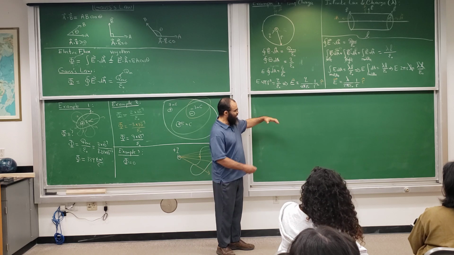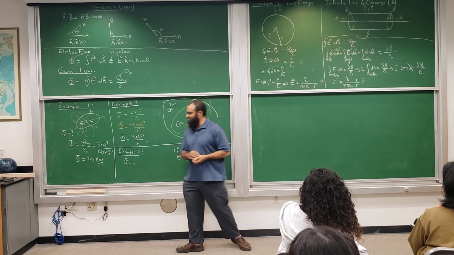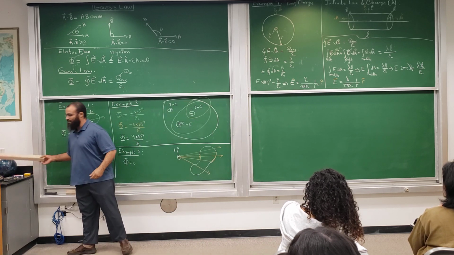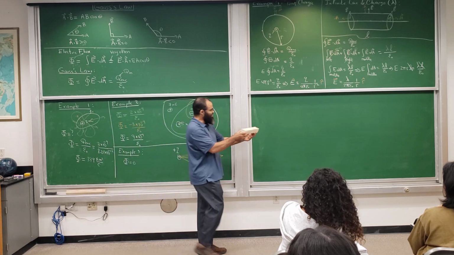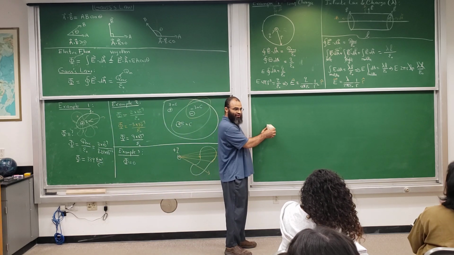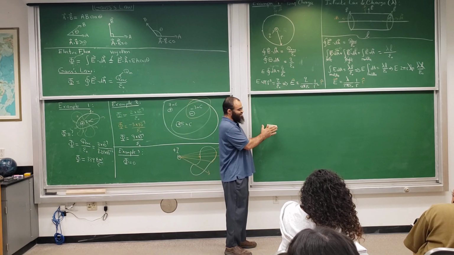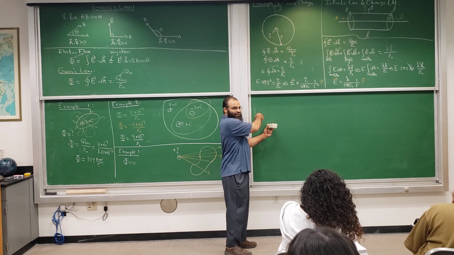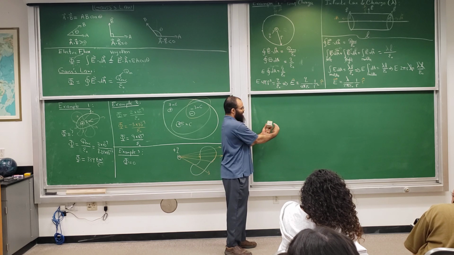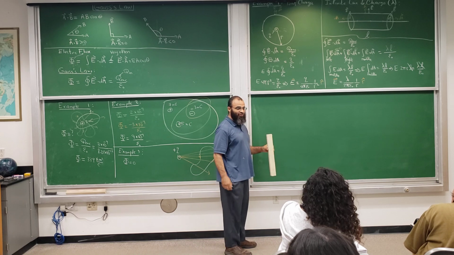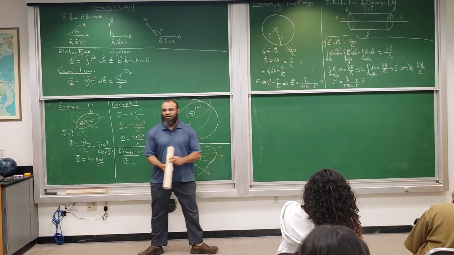I want to choose a surface, let's say like this eraser. Imagine the eraser goes through the board. This part will be parallel to the board, but these parts here will be perpendicular to the board.